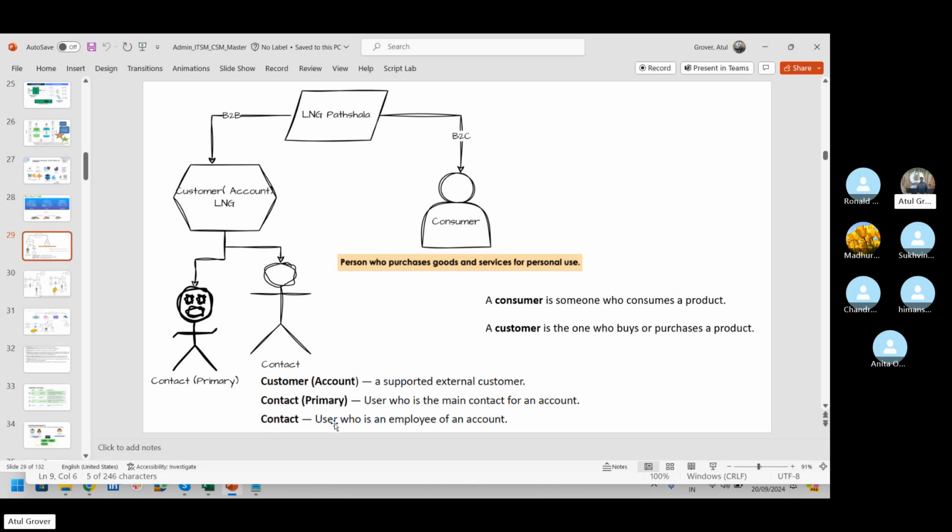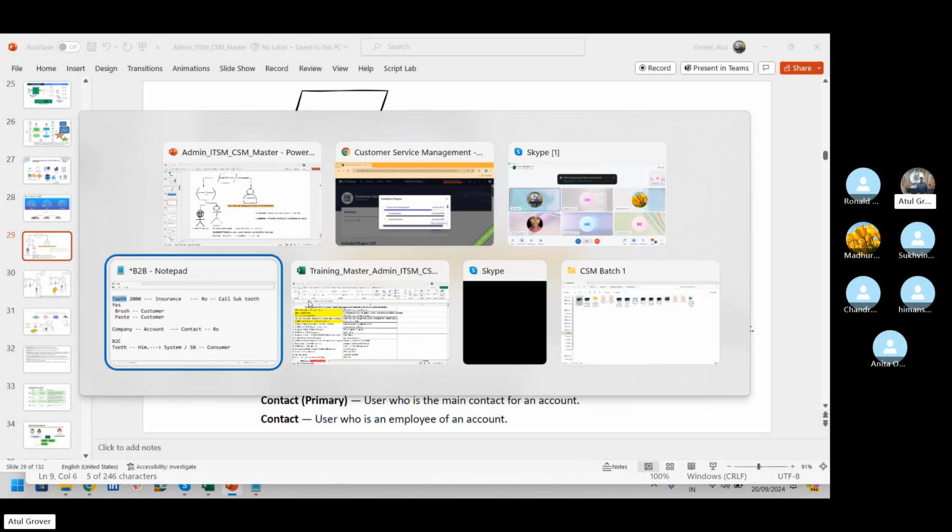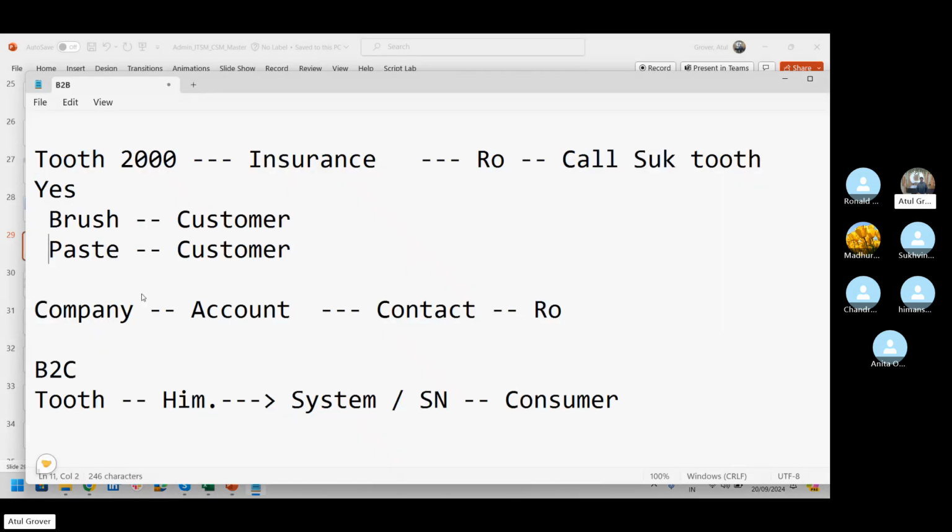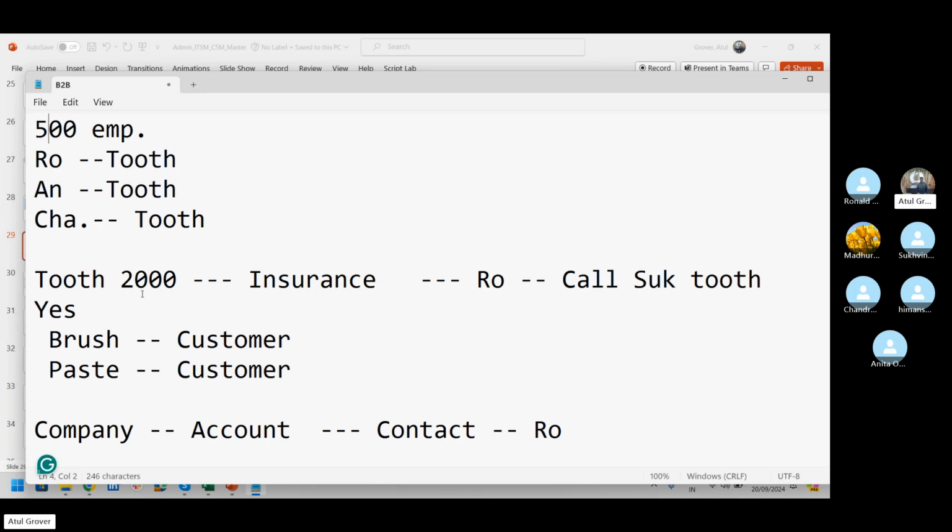And the contacts are your employees. All the people of the account are my contacts. In my example, all the employees of a company are my contacts because you purchase insurance for all employees. So you all are my contacts except one, who is my primary contact. He or she is also a contact, but is the primary.